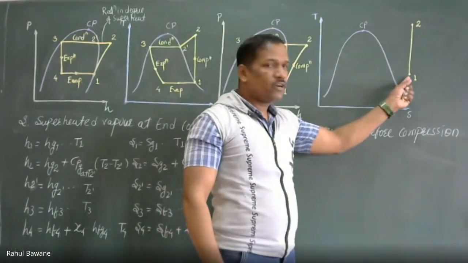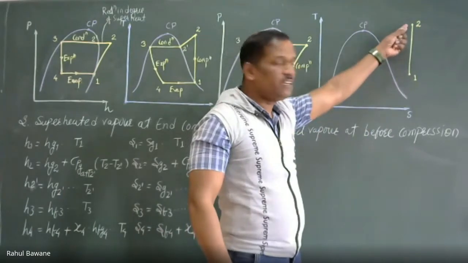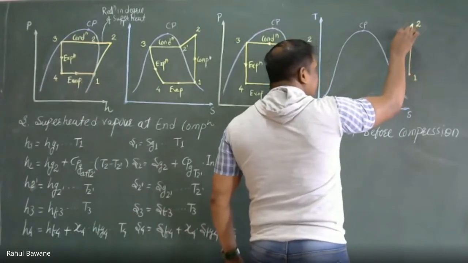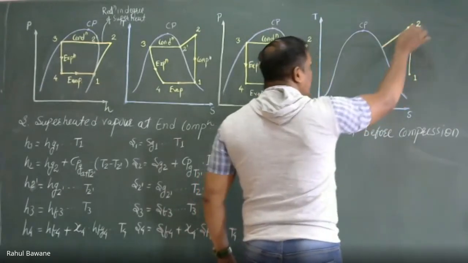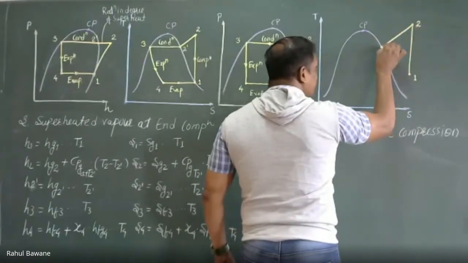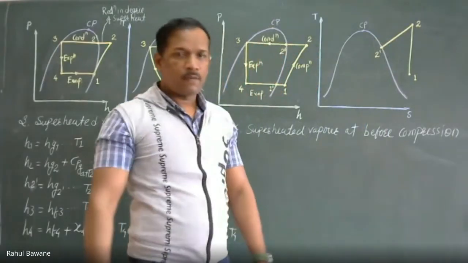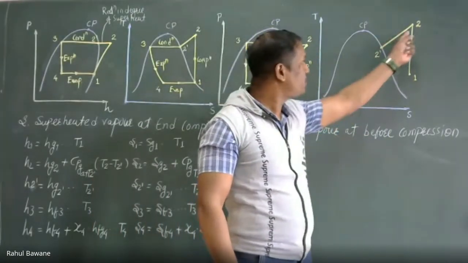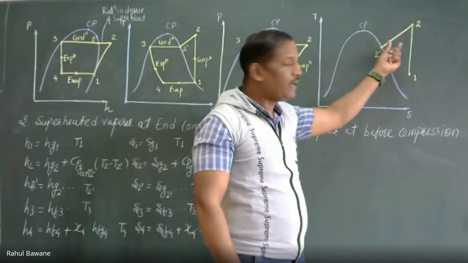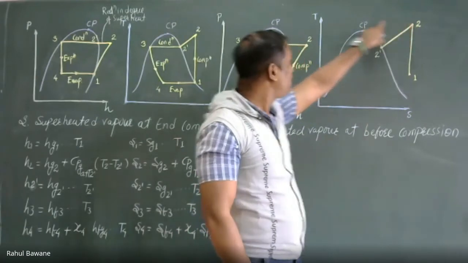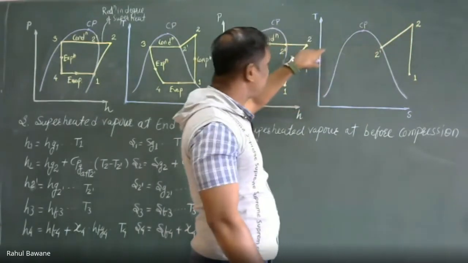Entry to the compressor is already superheated, compression ends. Now I have to reduce the degree of superheat by extracting sensible heat. So I reduce the superheated vapor to dry saturated vapor at point 2 dash. During this reduction of the degree of superheat, I am extracting sensible heat, so the temperature will reduce from T2 to T2 dash.